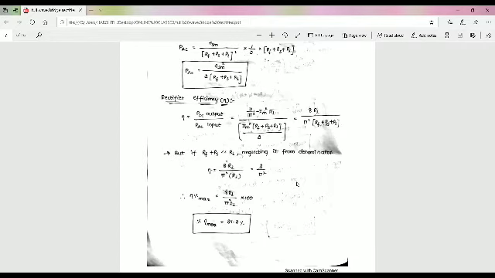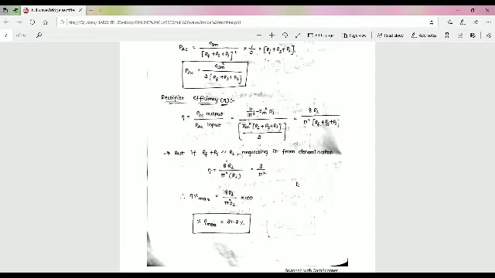So, percentage of the efficiency equal to 8 by pi square into 100, that is equal to 81.2%. This is the maximum theoretical efficiency of the full wave rectifier. Okay. Full wave rectifier efficiency is 81.2.